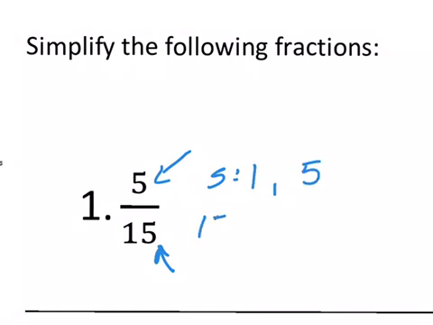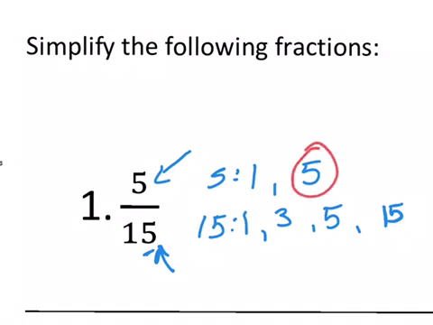15 is not a prime number, it's a composite number, and the numbers that will go into 15 are 1 and 15. It is odd, so we know 2 won't go in there. 3 will, and 3 will go in there 5 times. So we can see both the numerator and denominator share the number 5.